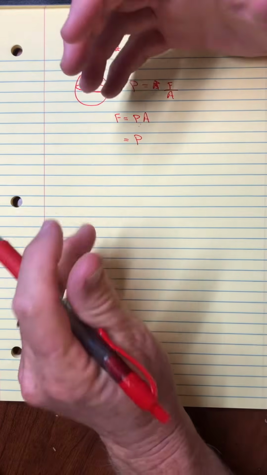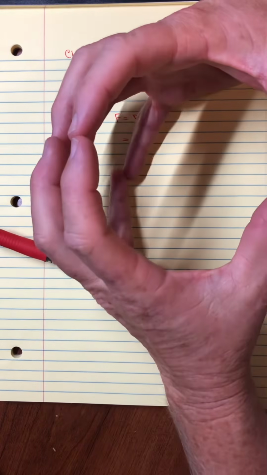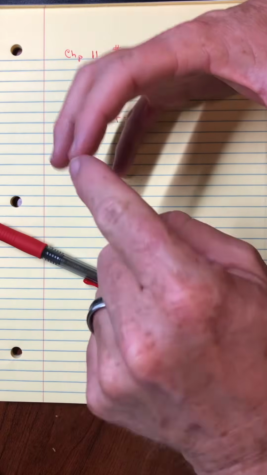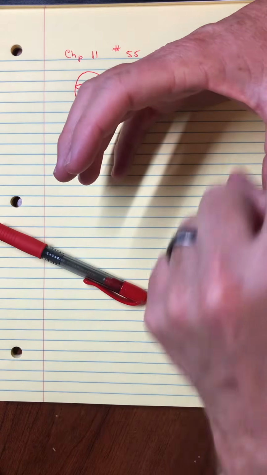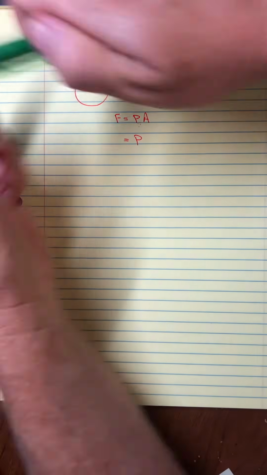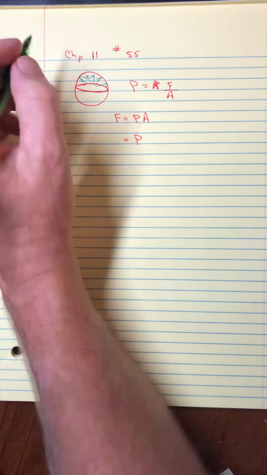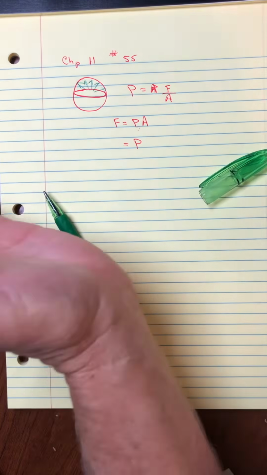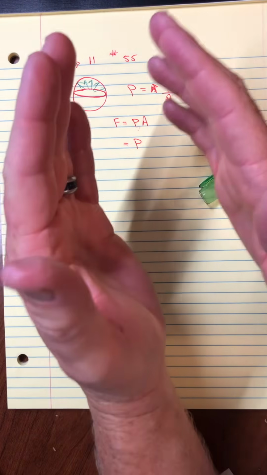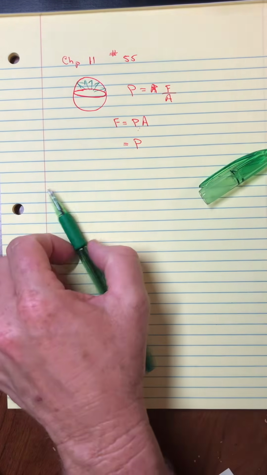Now, the areas can be a little confusing because we don't really want the area of the hemisphere because the force, maybe I'll use a different color, would be pushing outward, but it would have these X components, not just the Y component.